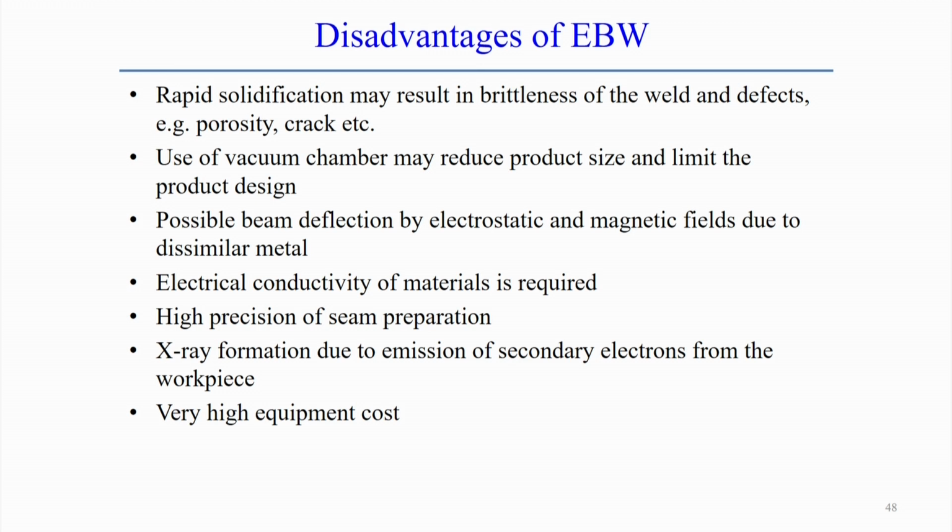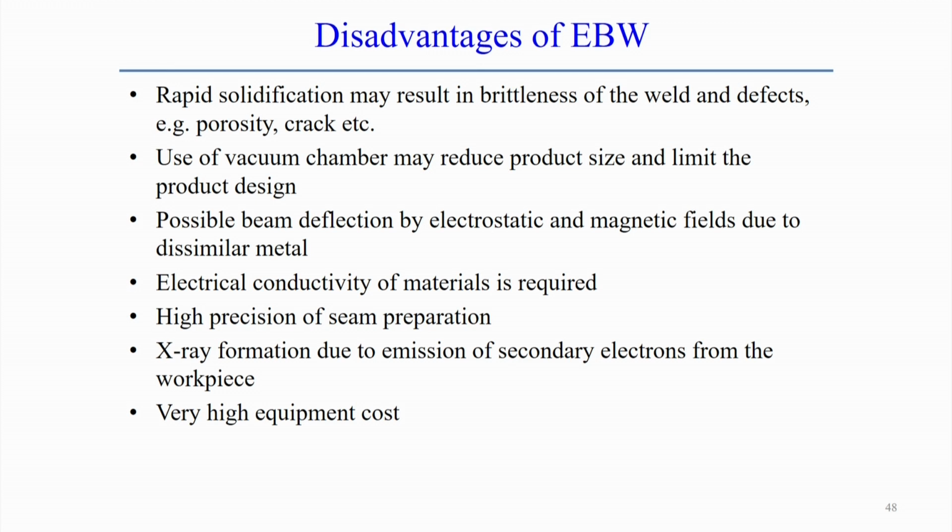The second is that electron beam welding uses a vacuum chamber, and the whole welding process has to be done in the vacuum chamber. Because of that, it reduces the product size and limits the product design, because a vacuum chamber may not be created for a large-scale welding process or a very big component.